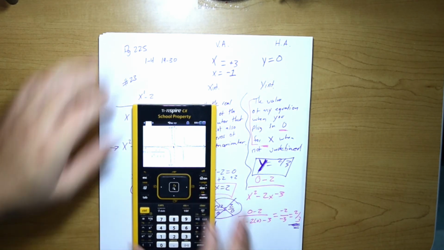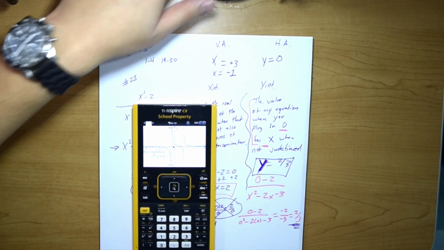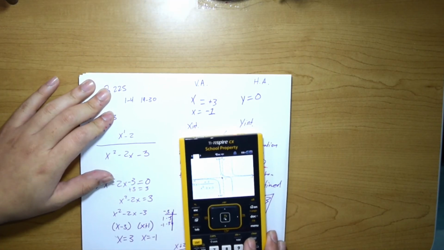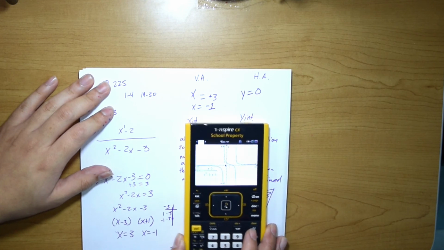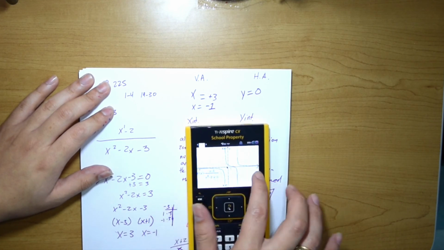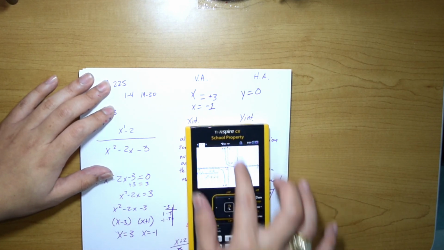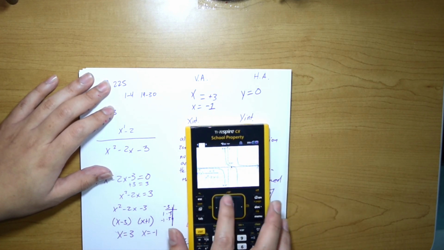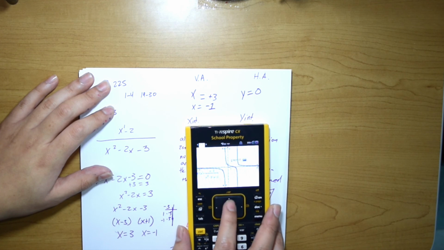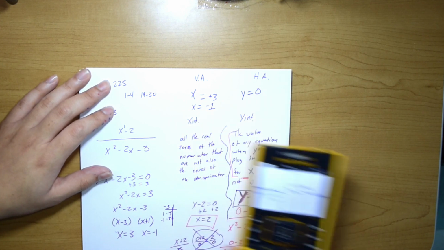Can everybody see this? Two vertical asymptotes at x is equal to positive 3 and negative 1. I have an x-intercept at positive 2 and a y-intercept at 2/3.